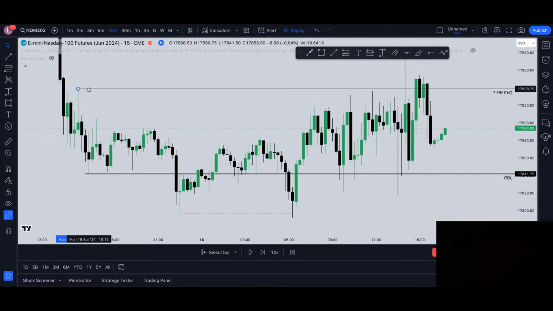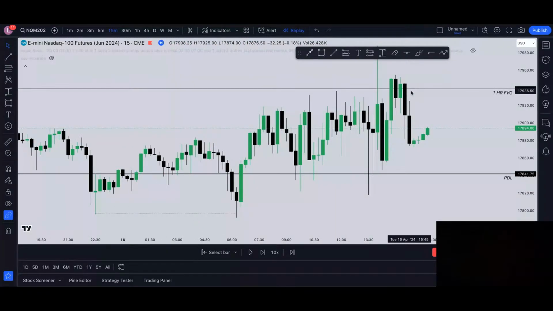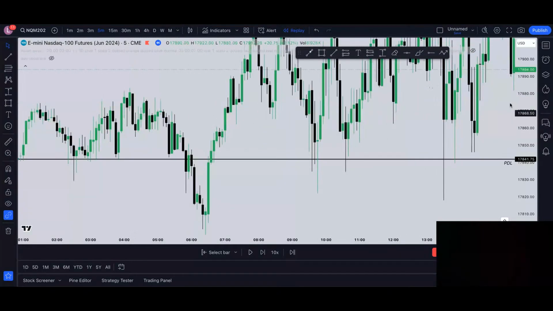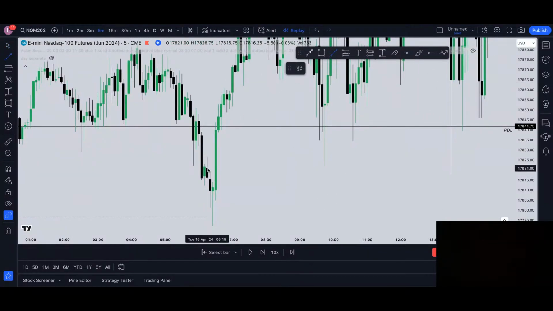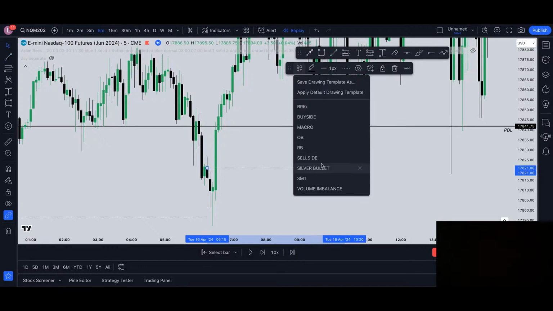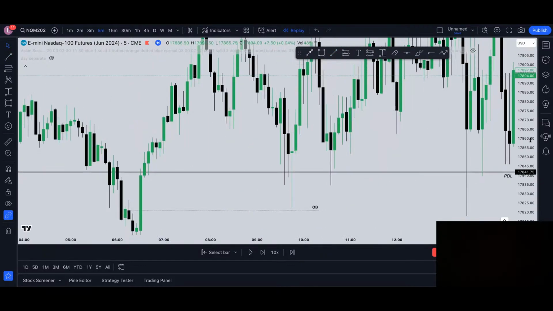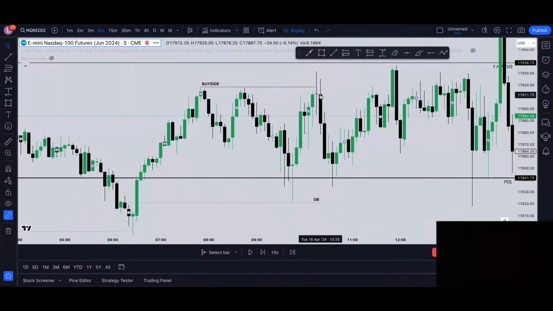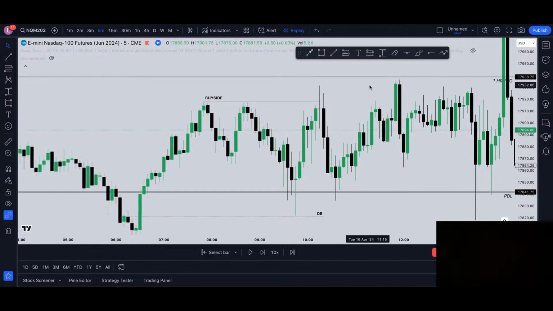We have a sell side over here, buy side, order block, equal highs. Equal highs act as the best liquidity target.